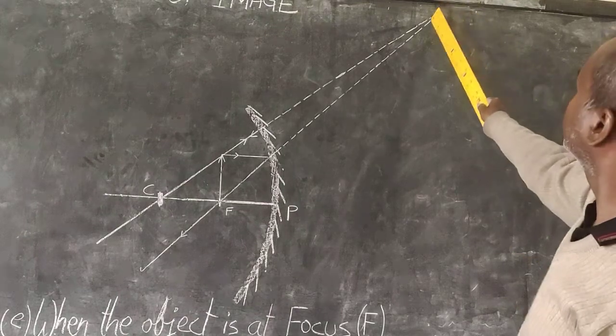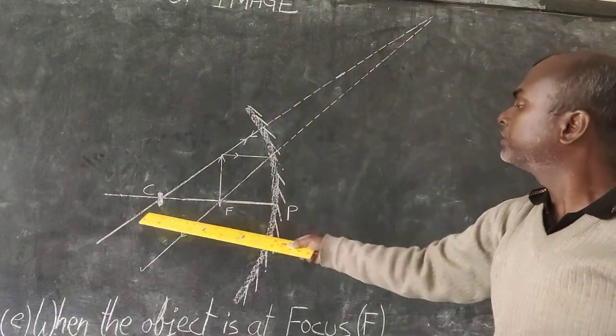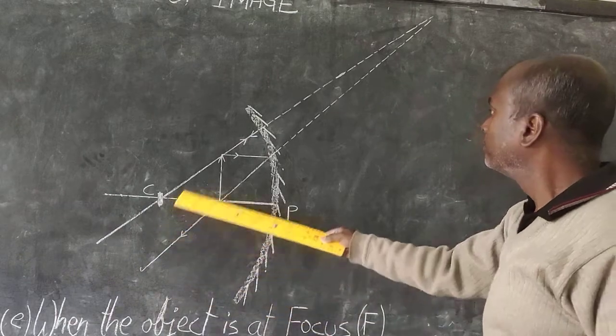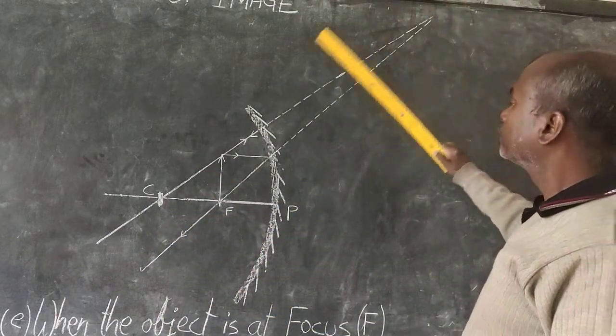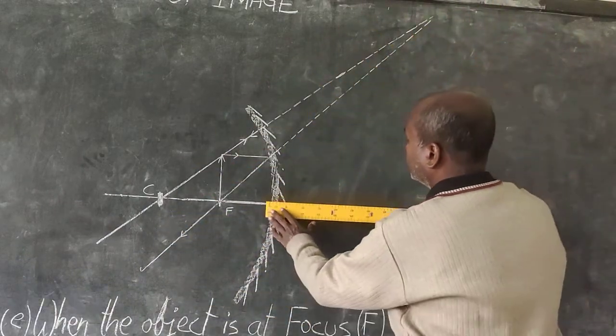So somewhere here it meets both these reflected rays, not actually but virtually. So when they meet, here the image will be formed.